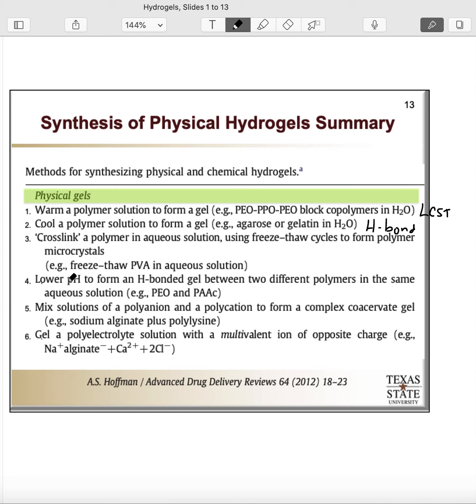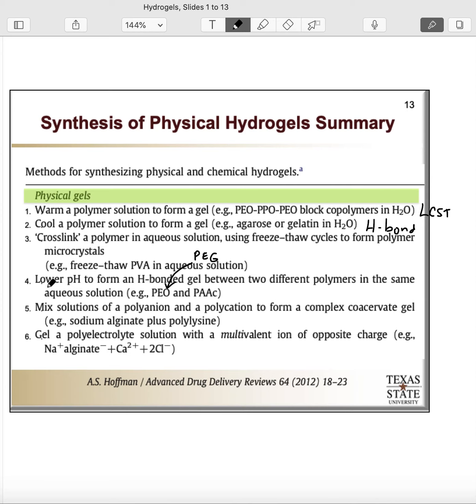Number four is to lower the pH and form a hydrogen bonded gel between two different polymers in the same aqueous solution. For example, polyethylene oxide, which is the same thing, by the way, as polyethylene glycol, same chemical structure, PEO and polyacrylic acid.